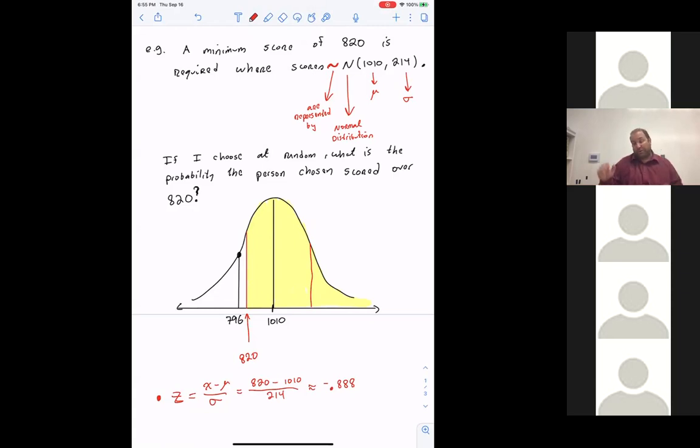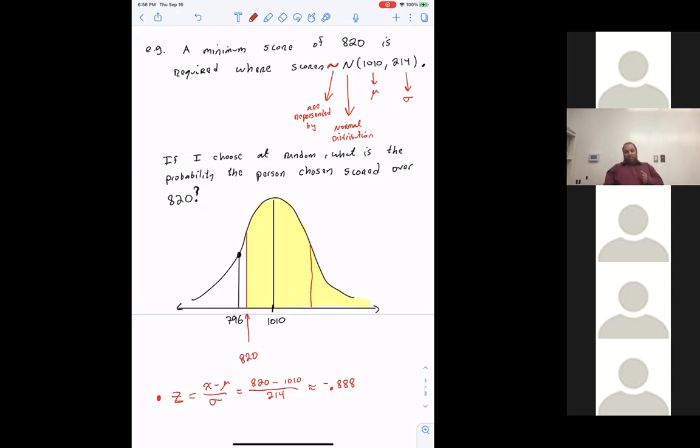Now, even though we don't need to know what a z-score is in order to do the next step, we should understand what a z-score is. The z-score tells you how far you are from the mean in terms of standard deviations. To say my z-score is approximately negative 0.888 means that my raw data is approximately 0.888 standard deviations below the mean.